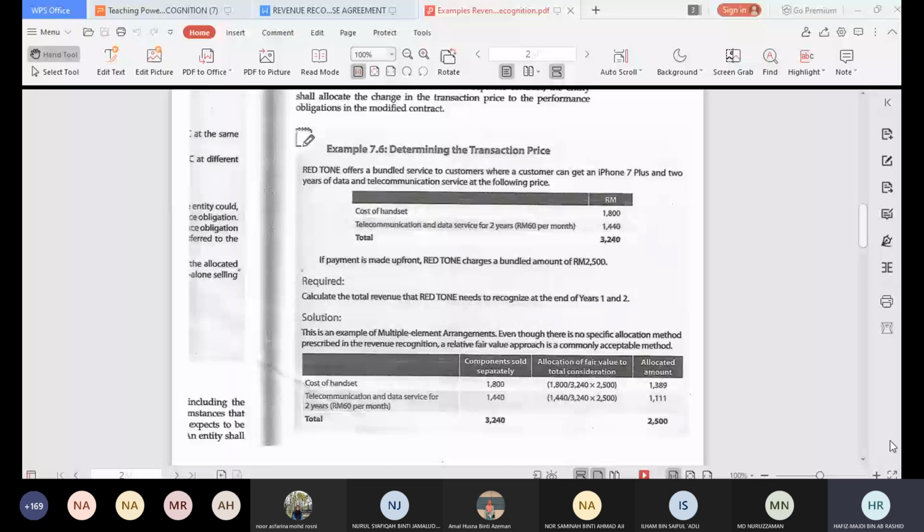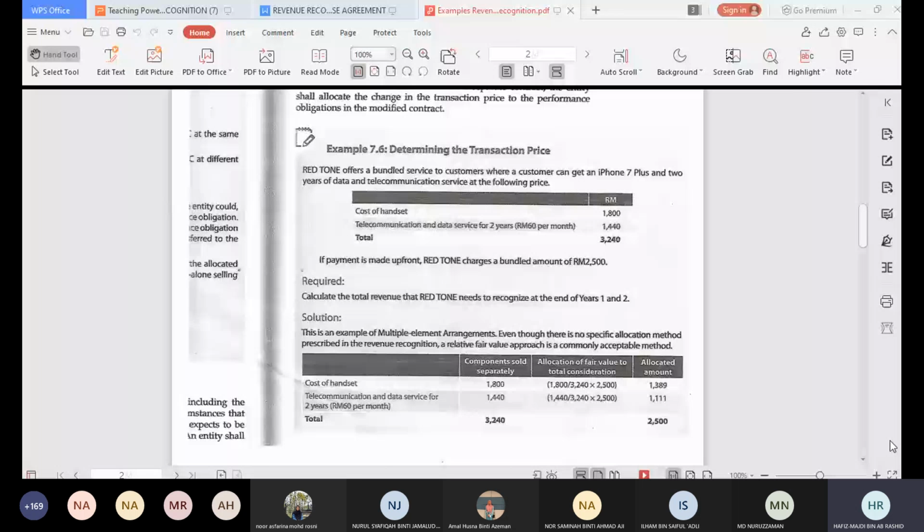Then the second is the telecommunication services. You apportion accordingly based on the standalone price of the services provided to the customers. So the amount is 1,111.